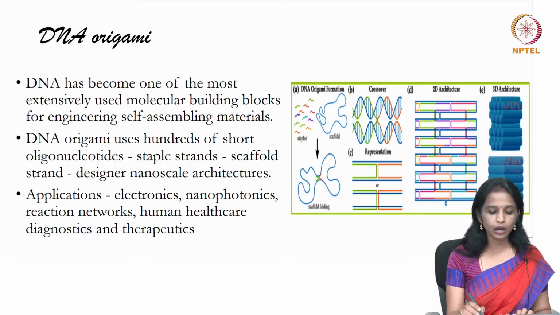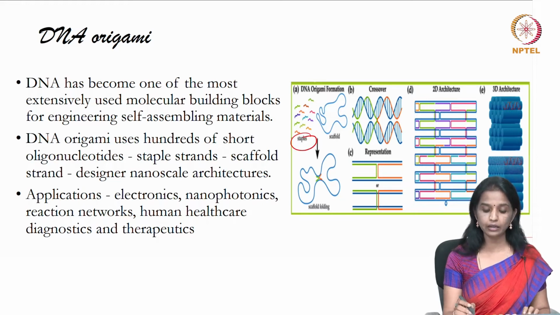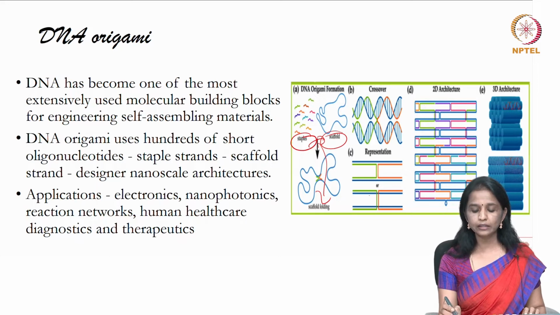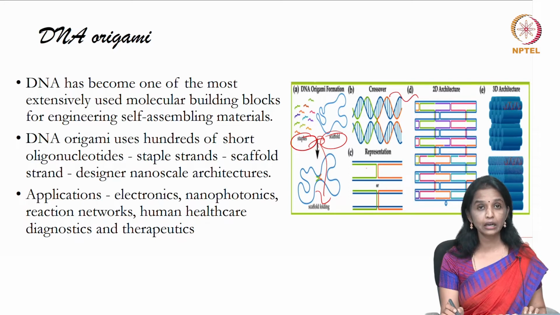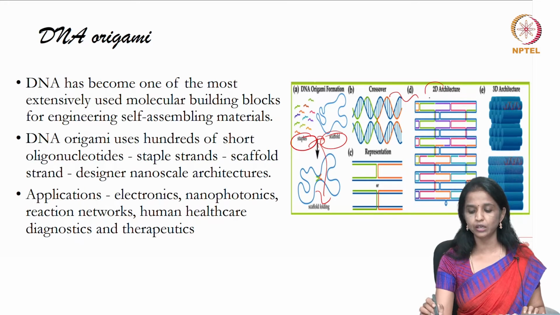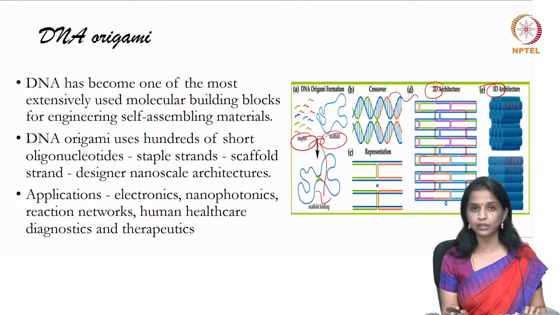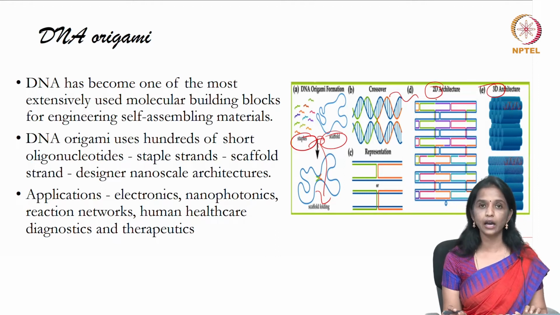There are two strands: the staple strand, which goes into forming the scaffold strand, and then this goes on to form a bigger molecule. Then we derive a more intricate twisting and pleating, which goes into formation of a 2D structure, and further twisting and turning in a specific sequence results in a 3D architecture, whichever element we need.